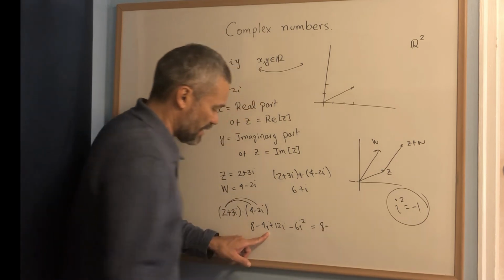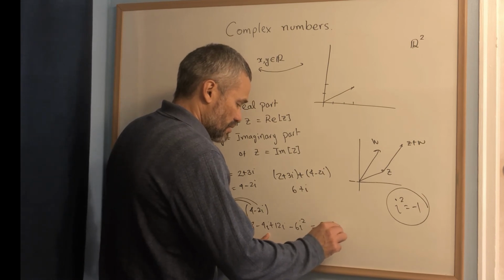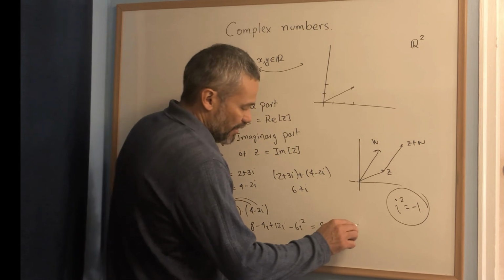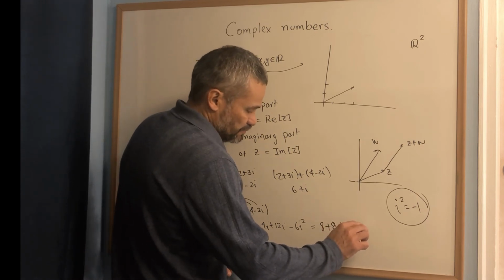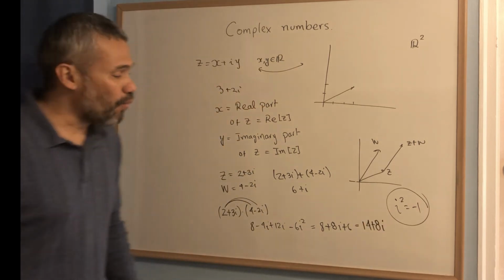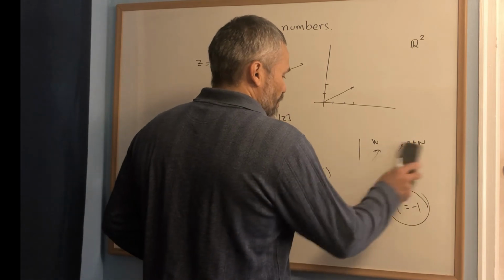Then I will have plus 8i, and then plus 6 because this is a -1, and we end up with 14 plus 8i.